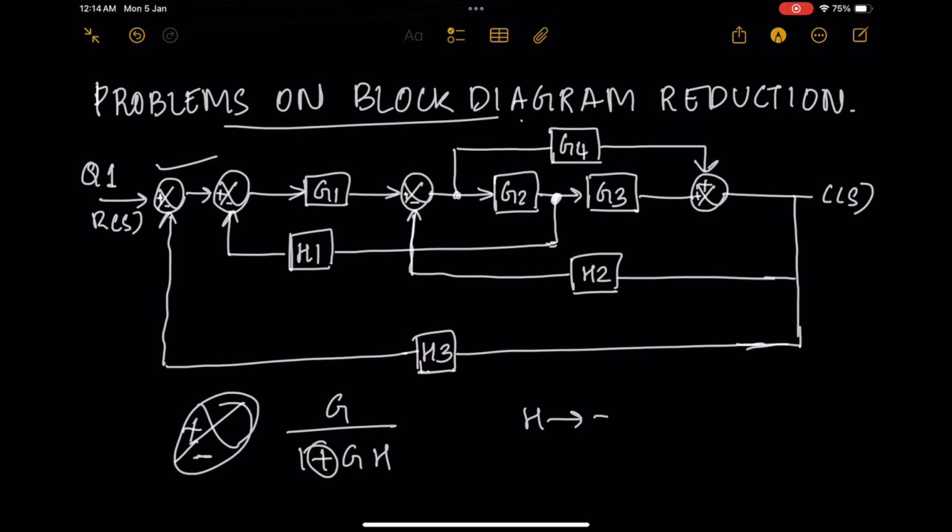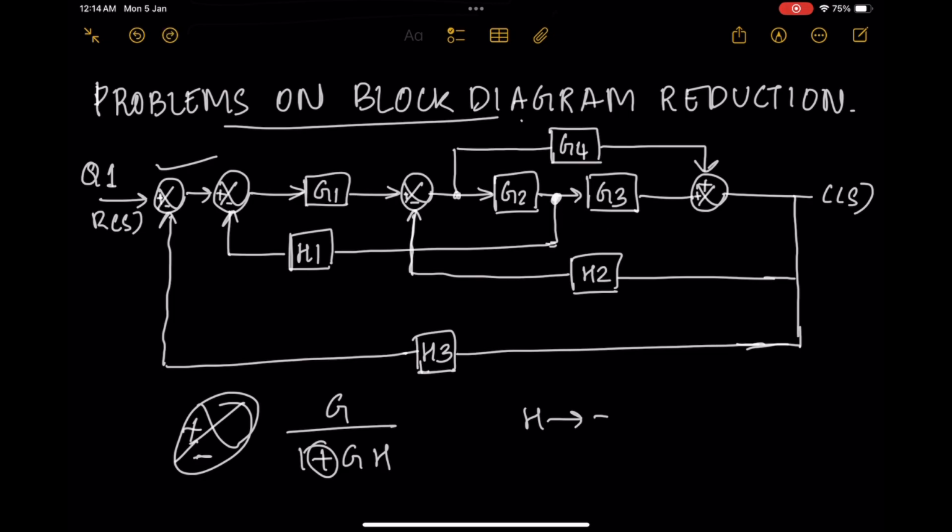So I'm going to change it. I'm going to move it either ahead or after. If I move this takeoff point to this place, I'll have to move it after a block and after a summing point. So it will be too much work, so I won't be doing it.